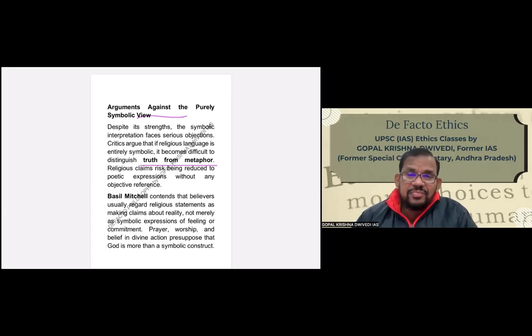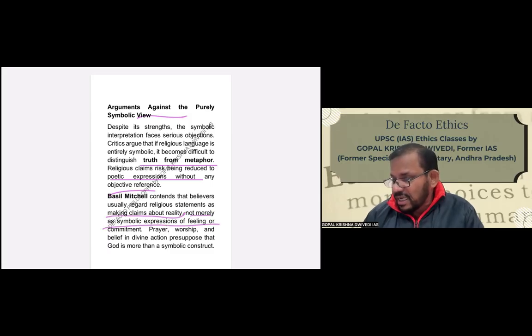Religious claims risk being reduced to poetic expressions without any objective reference. Mitchell, one of the important contemporary philosophers, contends that believers usually regard religious statements as making claims about reality, not merely as symbolic expressions of feeling or commitment.